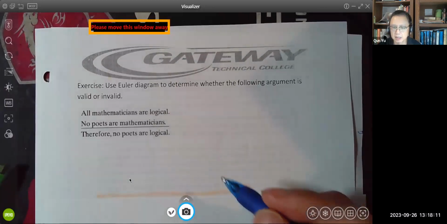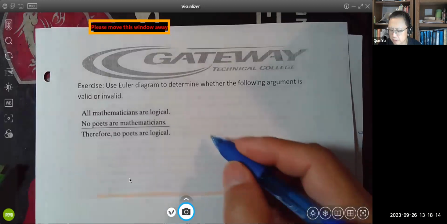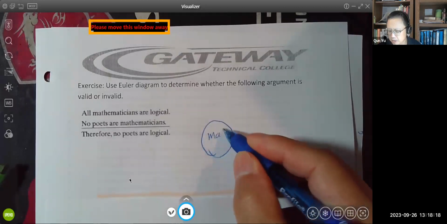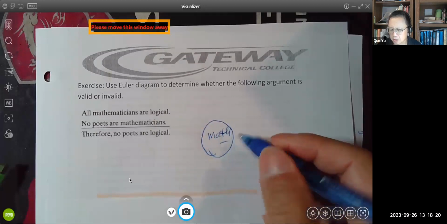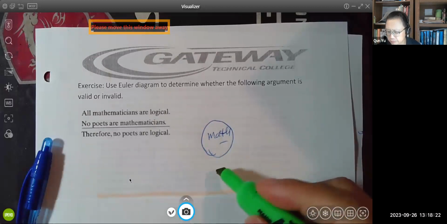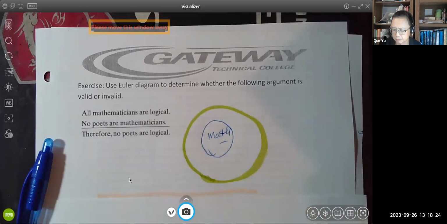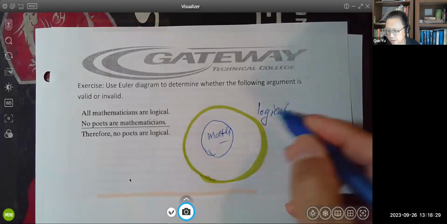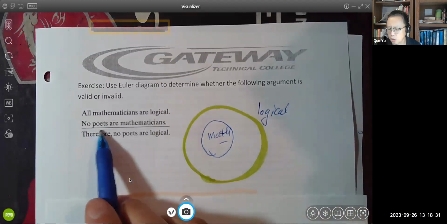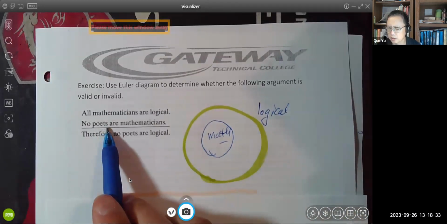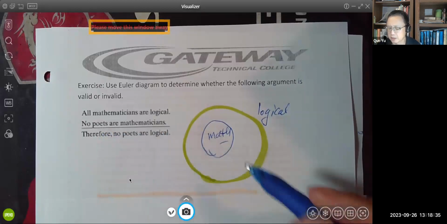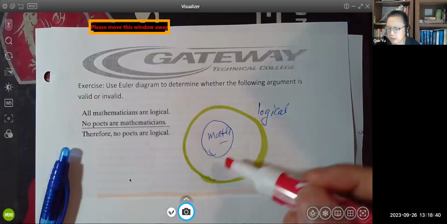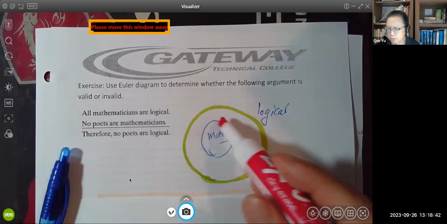All mathematicians are logical, just like the previous one, but this problem is different. These are mathematicians, and these are logical people. No poets is the new circle. No poets are mathematicians. That means we want this new red circle to be separated from this blue circle.